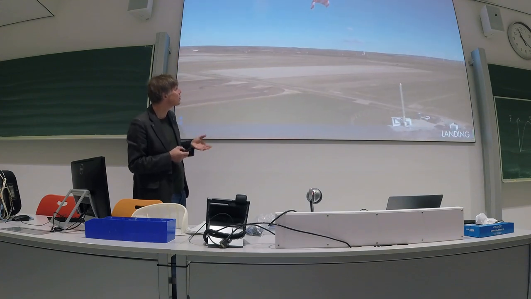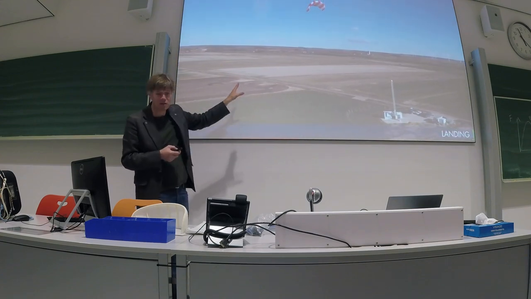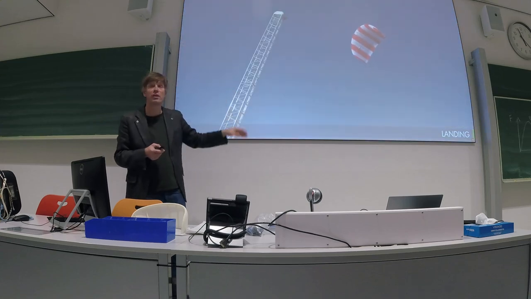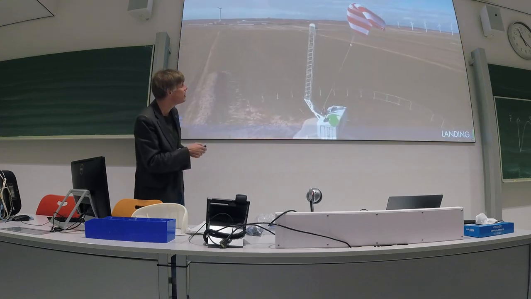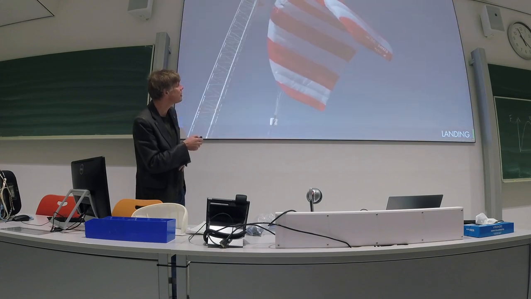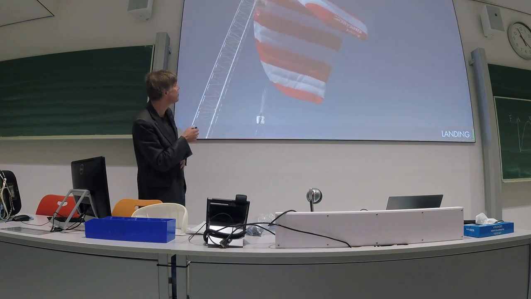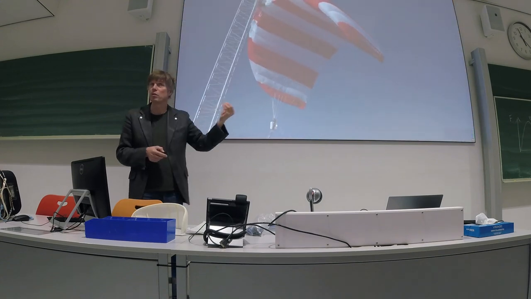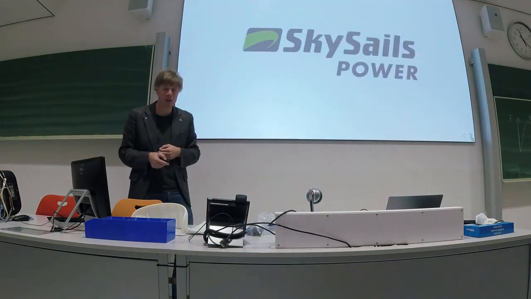Just to give you an idea, it looks small here, but this kite is 180 square meters. You see here the fifth line and how it pulls the kite towards the launch mast.